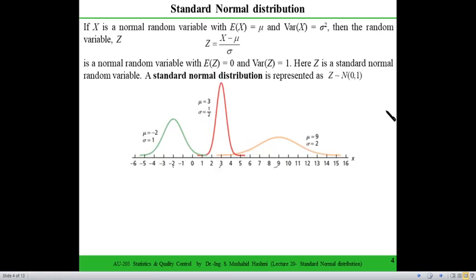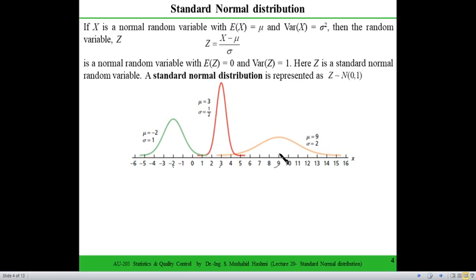If we just take an example from the previous lecture, this green distribution has a mean value of -2 and the variance is 1. The red distribution has a mean value of 3 and, compared with 1, half the standard deviation, so there is less dispersion.